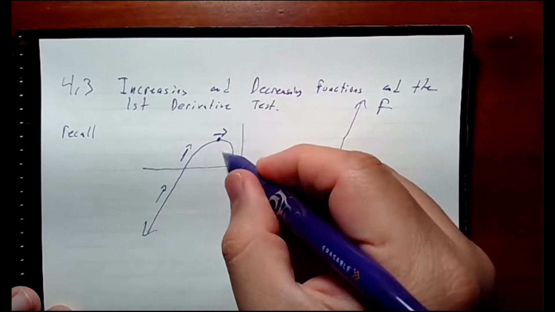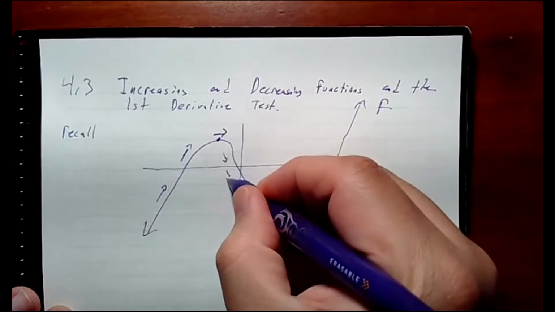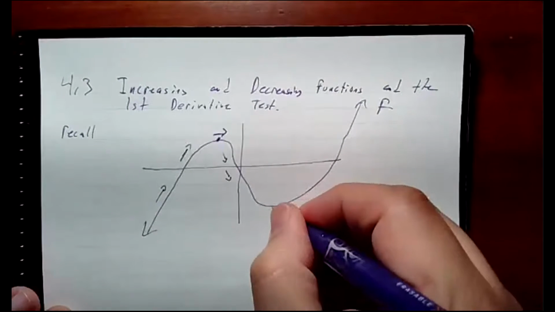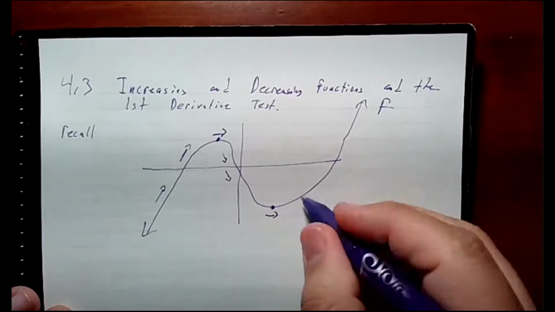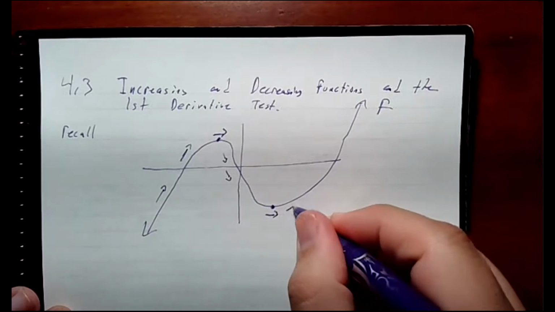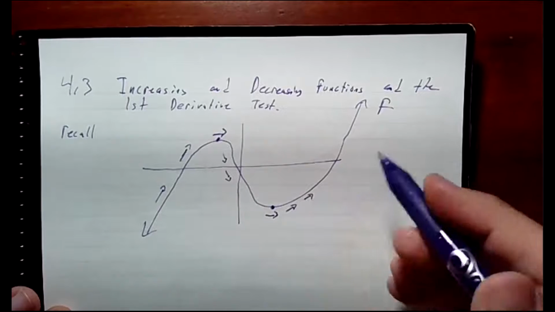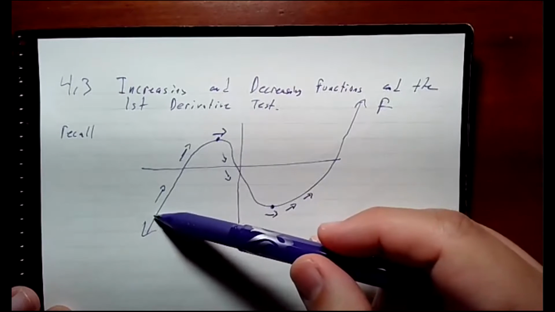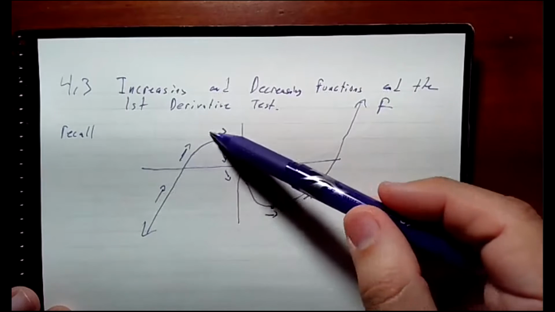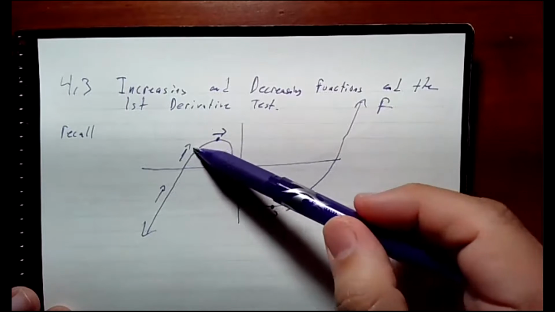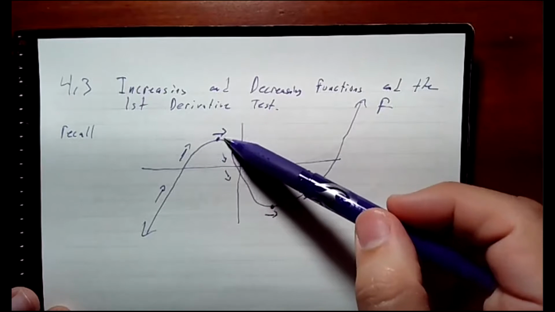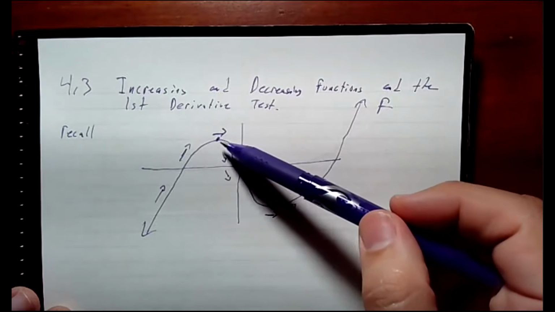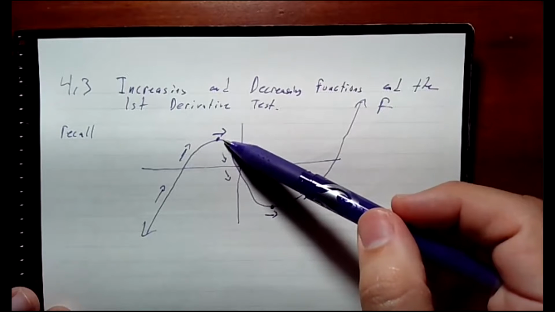Then going down here, we would be negative, and then again horizontal. And then right after the horizontal, it switches from negative to positive. So you see how whenever it goes from plus to minus, there is a point in the middle called the critical number, called the maximum, the extrema.